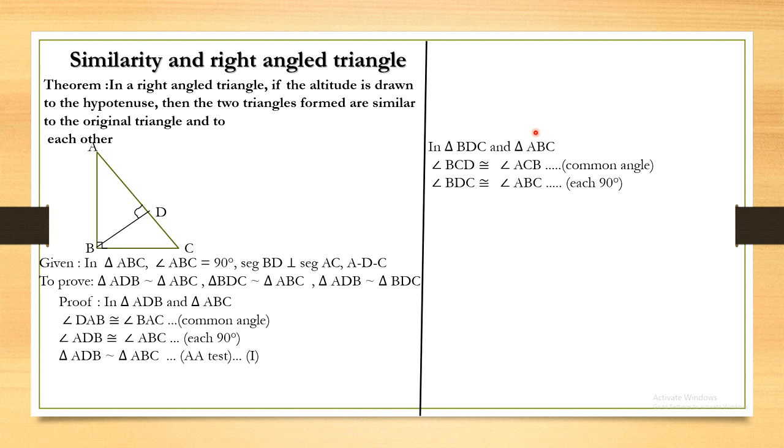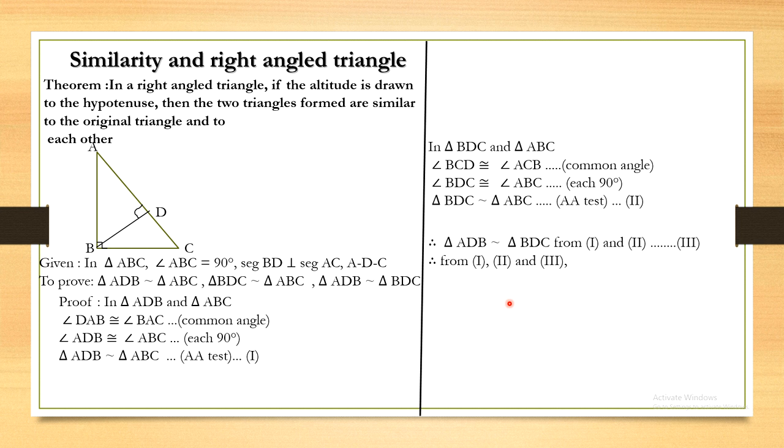So these two triangles are similar by a test. Call it the second equation. Now from the first and second you can observe that angle ABC is common. That means angle ABC is common to both similar triangles. So from 1 and 2 we can write that triangle ADB is similar to triangle BDC.